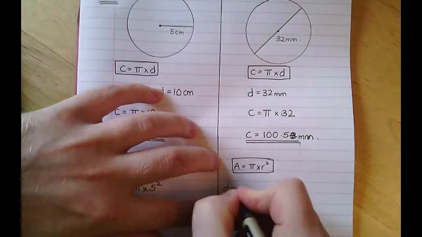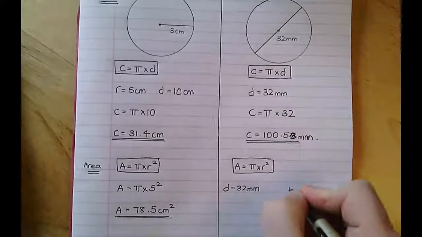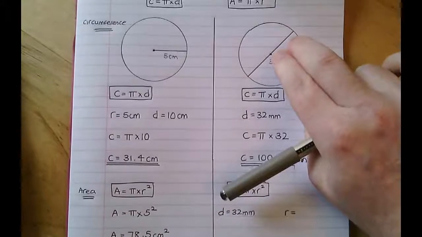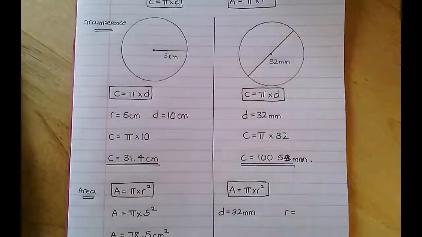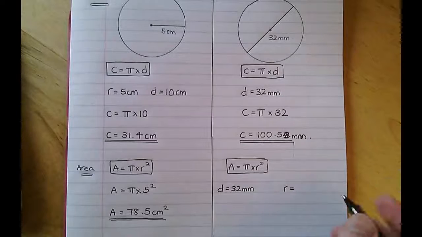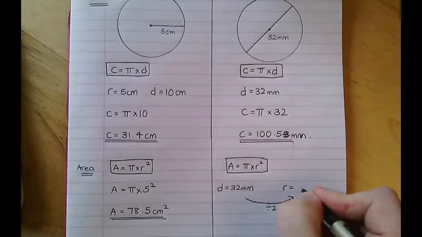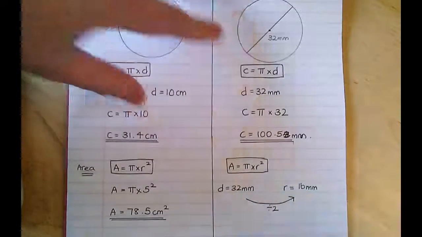So we know our diameter is 32 millimeters. So therefore our radius, remember, the radius is half. That bit there is your radius, that bit there is the diameter. So therefore we need to half our diameter. So divided by 2, that gives me 16 millimeters.